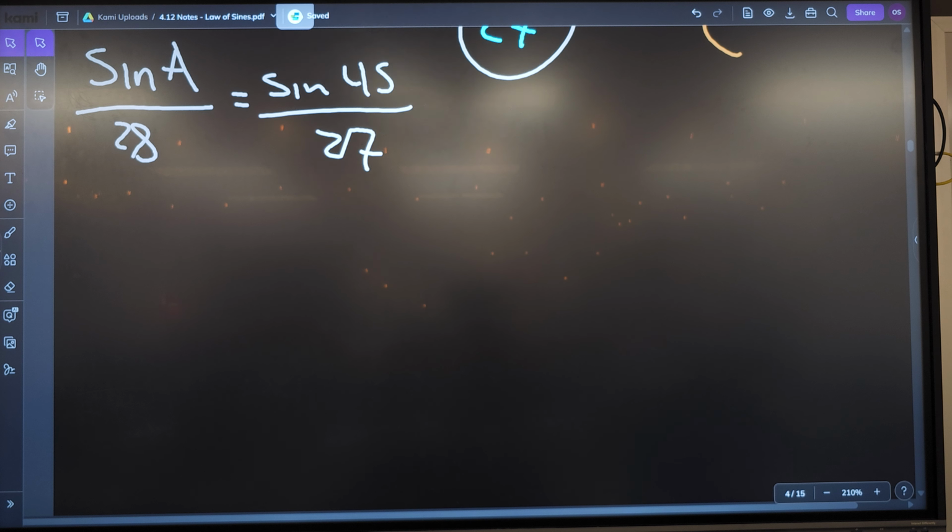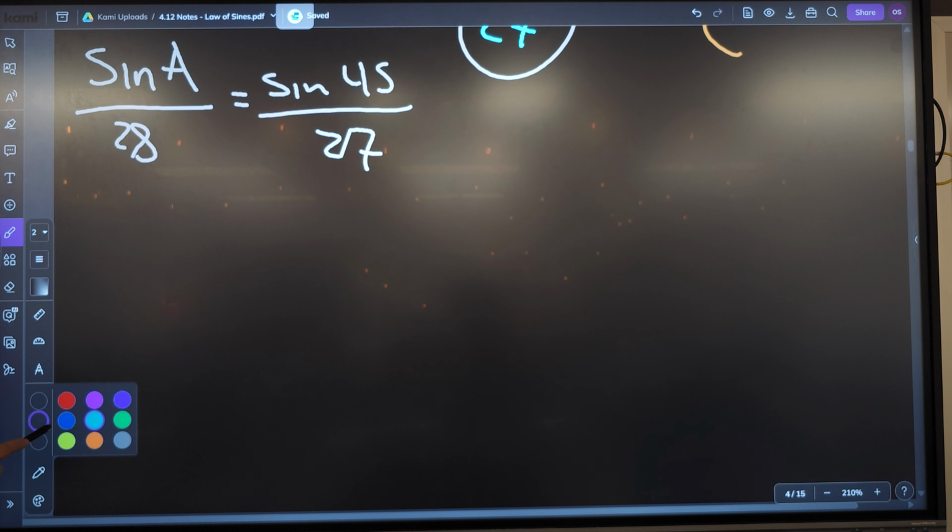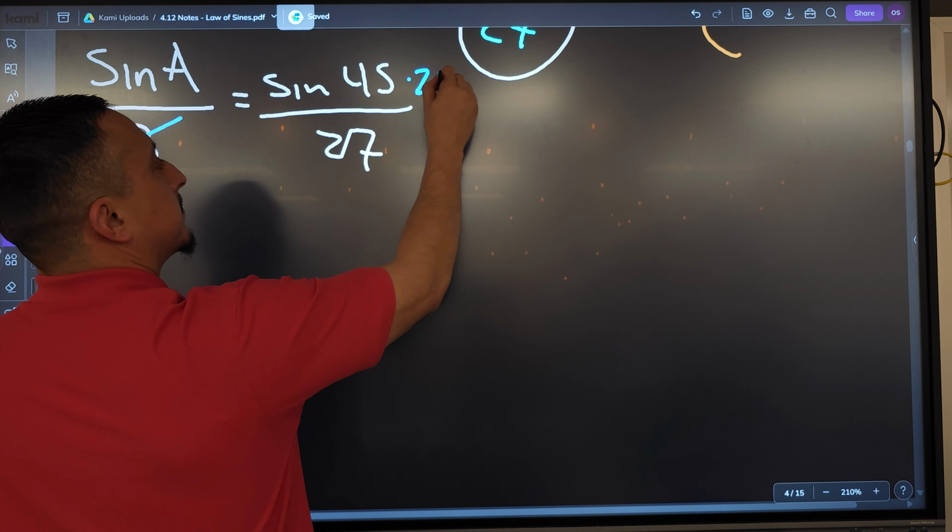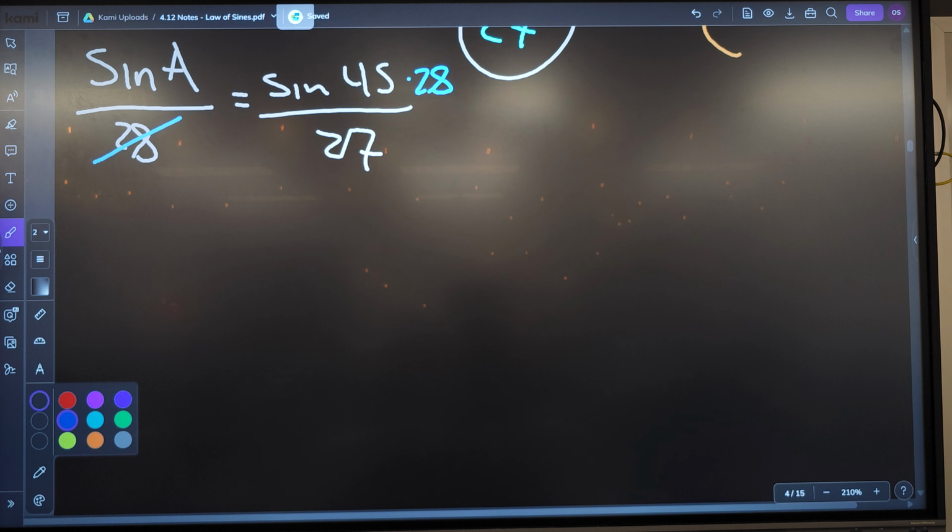Should we flip these fractions? No. If you flip them, you're going to make your life much harder. All you need to do is get rid of that 28. So you're dividing by 28, you multiply by 28. That leaves you with sine A. A is an angle. So I know I'm like a broken record, but how do you solve for an angle?